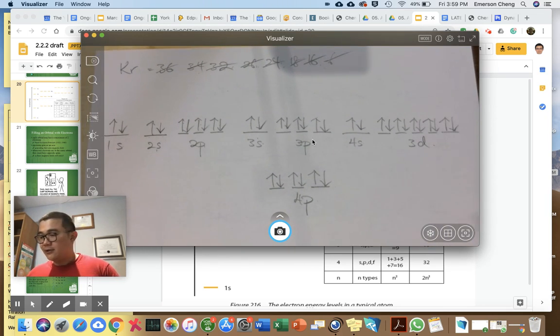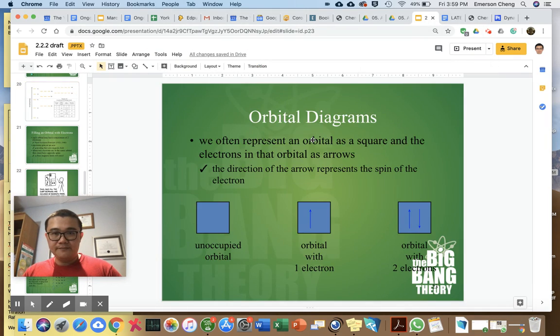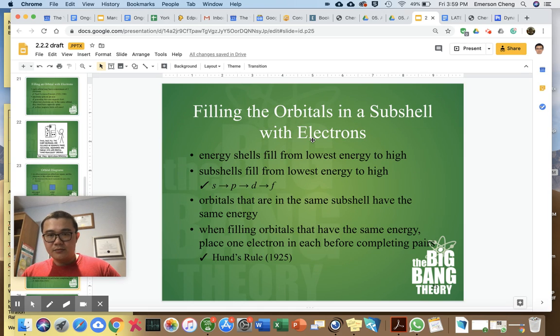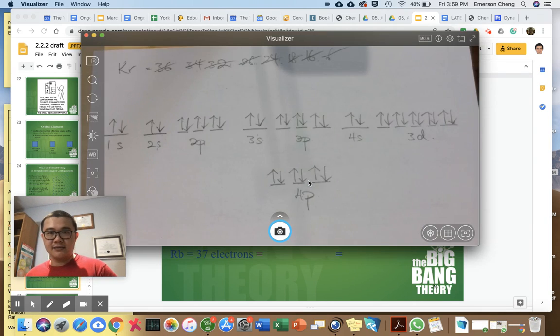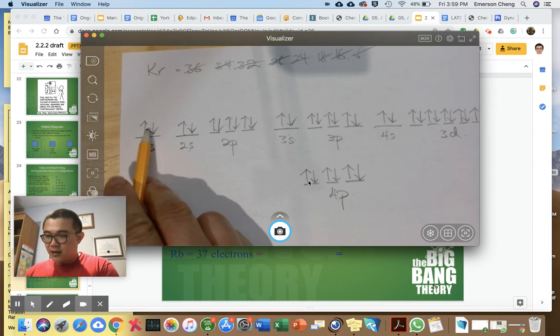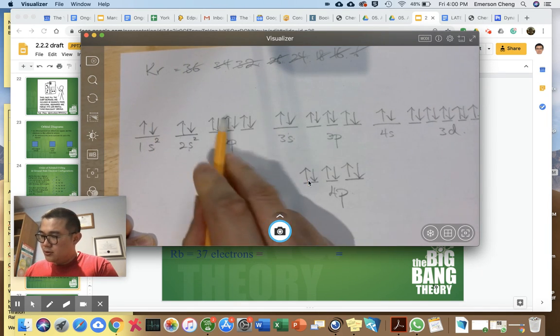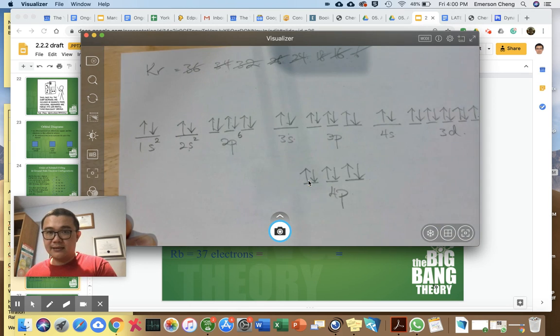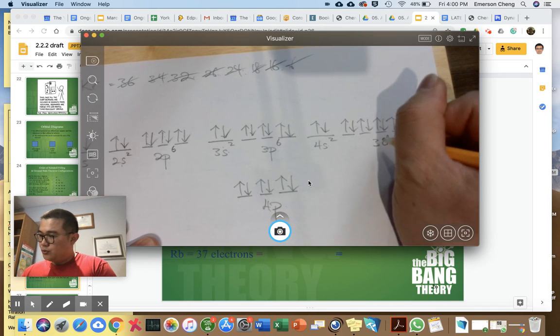Now to write out the electron configuration, just like what was said here, it's a listing of subshells in order of filling, with the number of electrons in that subshell written as a superscript. So in this case, I have 2 electrons here, 2 electrons here, 6 electrons, 2, 6, 2.